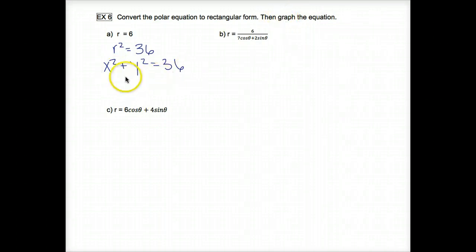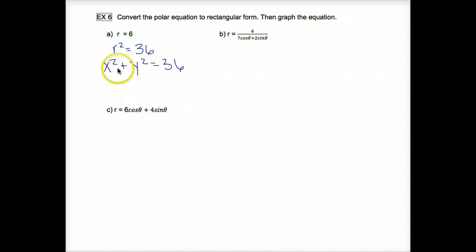This is the equation of a circle, which for most of you, you already took pre-calc, so you did circles in pre-calc, but for those of you who haven't taken a pre-calc course yet, you haven't graphed a circle since geometry. So x squared plus y squared equals r squared.